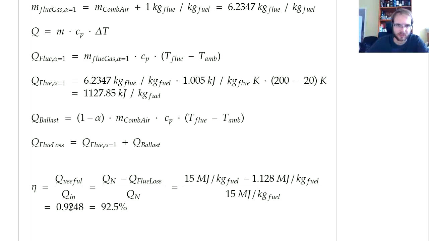So already in case of ideal combustion and 200 degrees C outlet temperature of the flue gas, we lose 7.5% of the efficiency of a simple boiler.